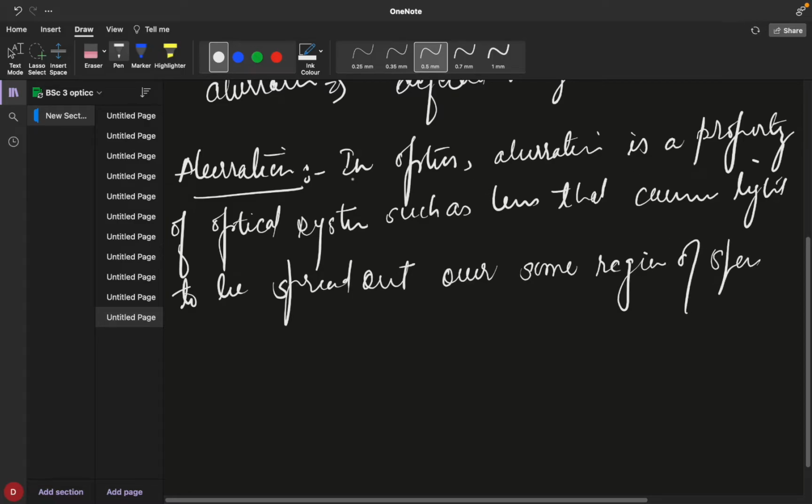So again, in optics, aberration is a property of an optical system.